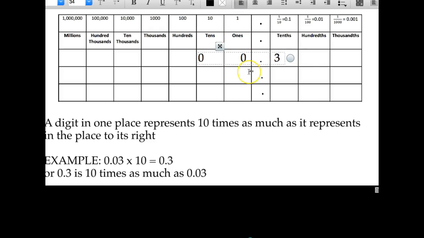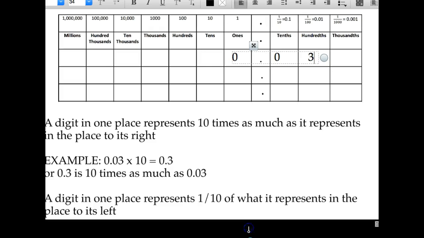It's getting larger. We can also look at it the opposite way and say 3 tenths is actually 10 times as much as 3 hundredths. Either way, this number is bigger here than it would be over here. How much bigger? 10 times bigger.